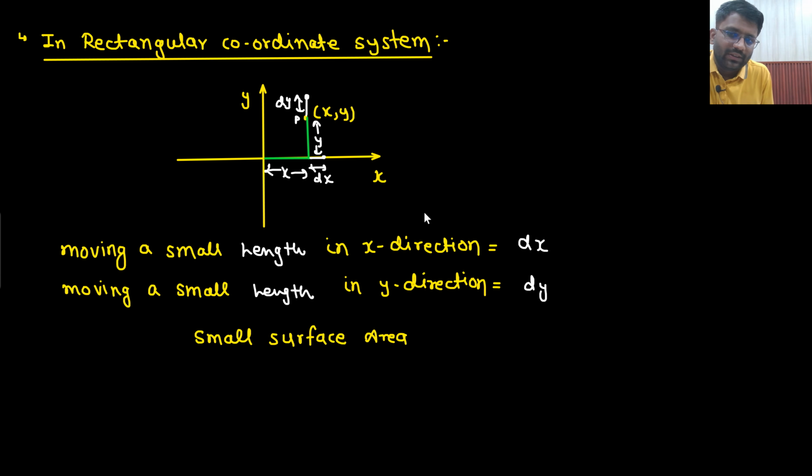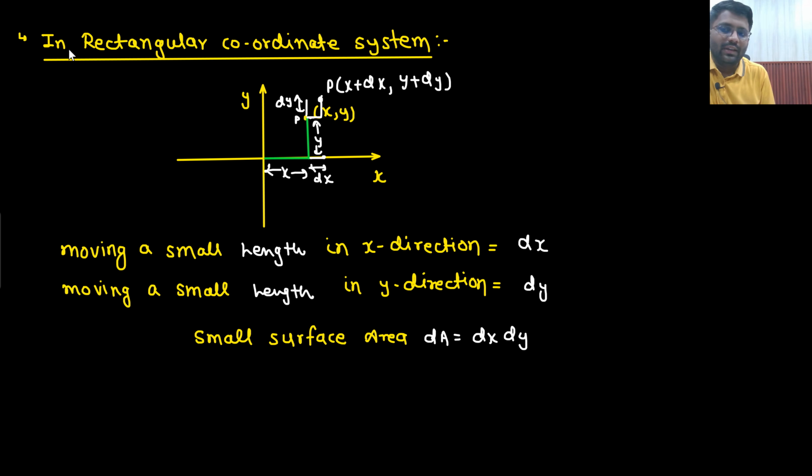So which point will I be reaching? Basically here I have moved dx and here I have moved dy. So I will be reaching this point. What will this point be? This point will be known as x plus dx, y plus dy. And what will the small area be? The small area here would be dx dot dy.